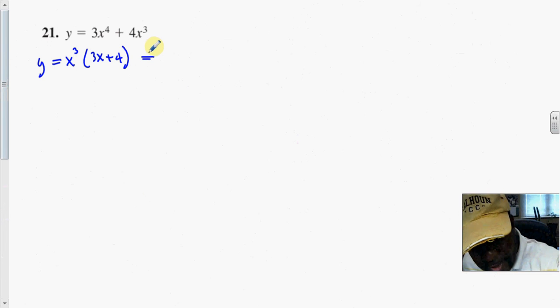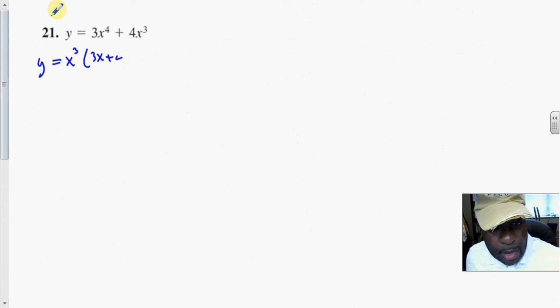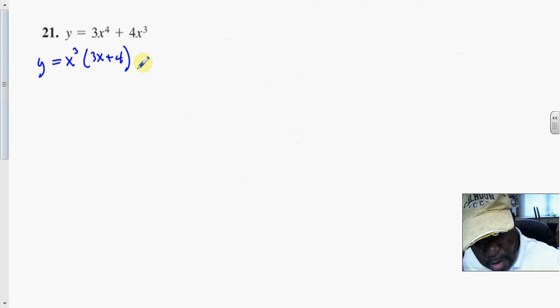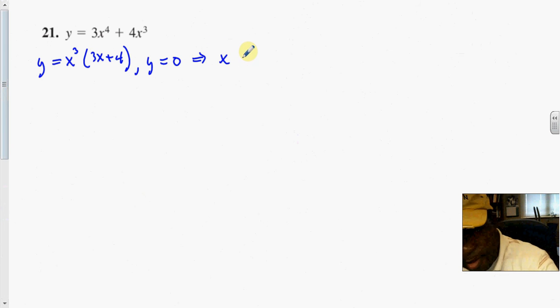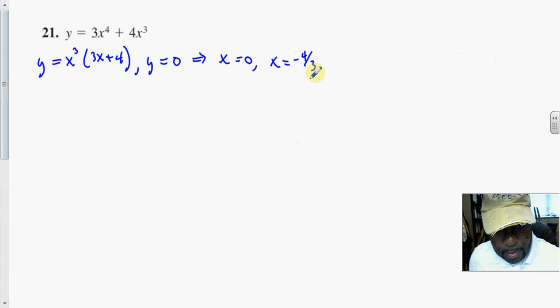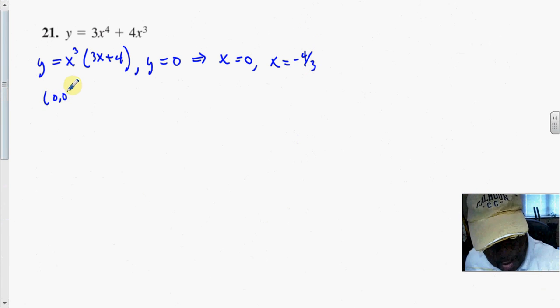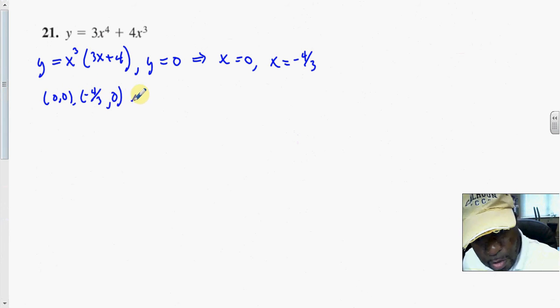If I set y equal to 0, looking for the x-intercepts, then here I have x equal to 0 and x equal to negative 4/3. Okay. So 0 comma 0 and negative 4/3 comma 0 are the x-intercepts.